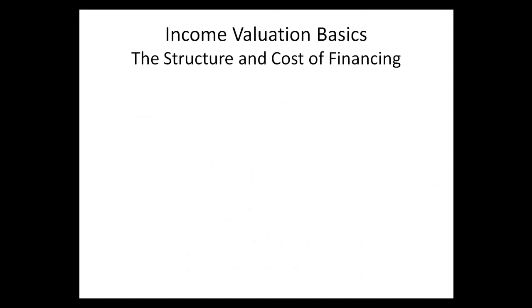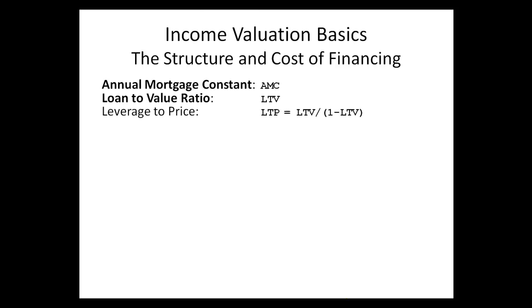Income valuation basics, the structure and cost of financing. These equations are very important. The annual mortgage constant, AMC, loan-to-value ratio, LTV, leverage to price. It is the debt margin divided by the equity margin.